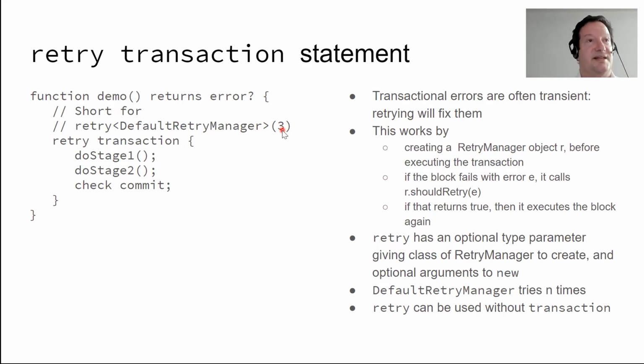So there's a distinct error type that is retryable, and your retry manager will look at that error type and see if it belongs to the retryable type. If it does, and you haven't exceeded the number of retries, it will retry again. And this retry feature can actually be used independently of transaction. You can just retry a block, and it uses the same logic.